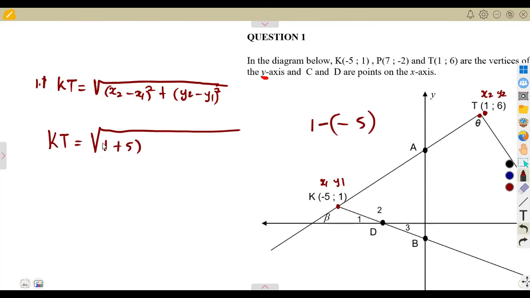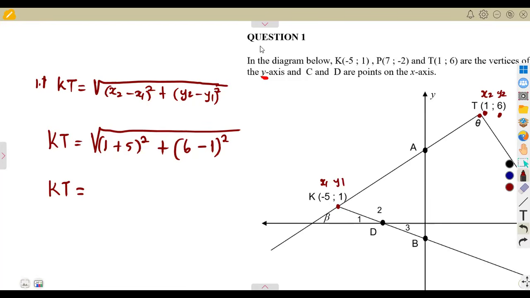So that's 1 plus 5 squared, plus you do the same on the y: 6 minus the y value on the other point, which is 1. So this is 6 minus 1 squared. This is you and your calculator in the simplification. Actually, just having this is enough to present your final answer.